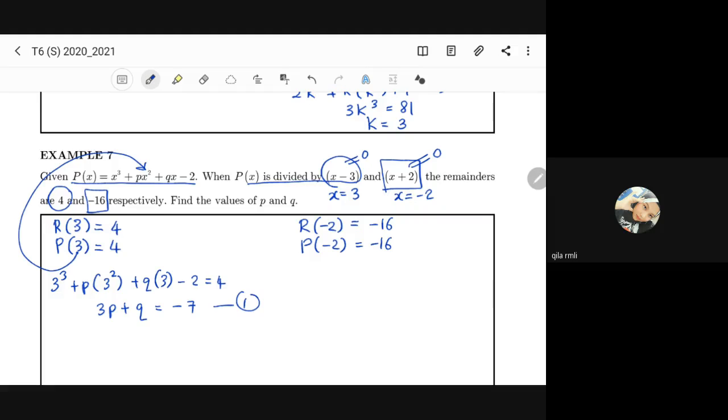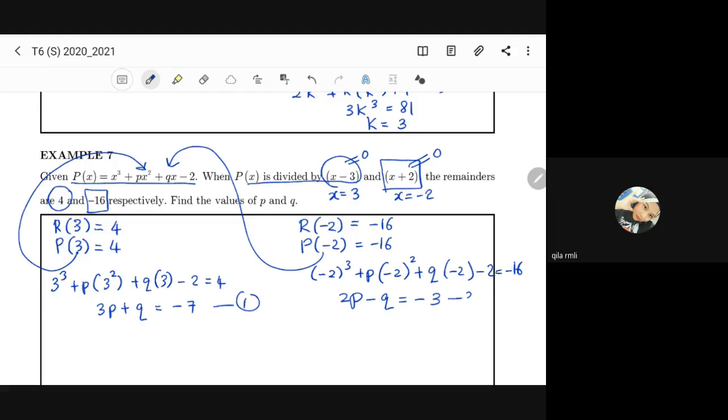Okay, next we substitute negative 2 into the polynomial. So we will get negative 2 cubed plus p times negative 2 squared plus q times negative 2 minus 2 equals negative 16. Okay, and if we simplify, we will get 2p minus q equals negative 3, number 2.